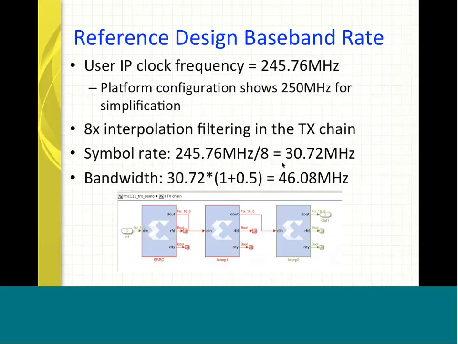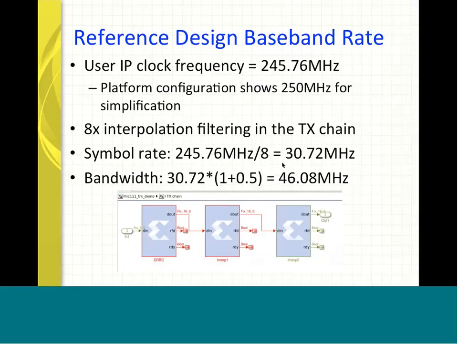So how do you calculate the baseband rate from all these clock rates? Basically, you have a user IP clock frequency, which is equivalent to, for example, the DAC or ADC clock rate, or the data rate on the TX path.